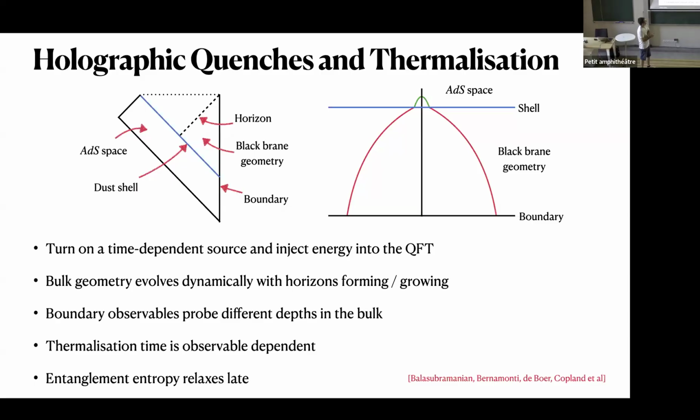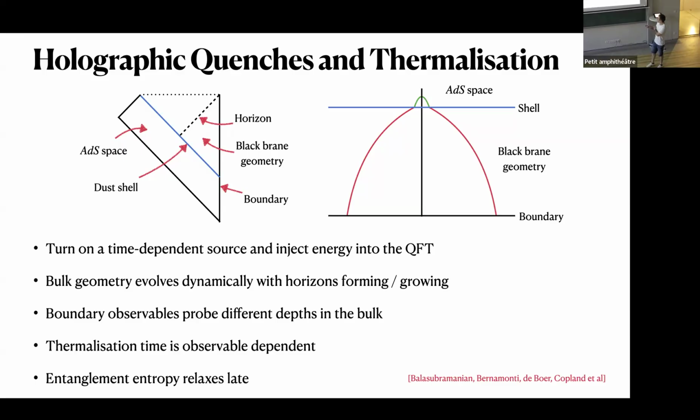Depending on how far away these points are, and if it is a heavy operator, you will have to explore different areas of the bulk geometry. Some of these surfaces can even cross this spherical shell, and you can see memory of the original state of your system before you turn on these nonlinear sources.